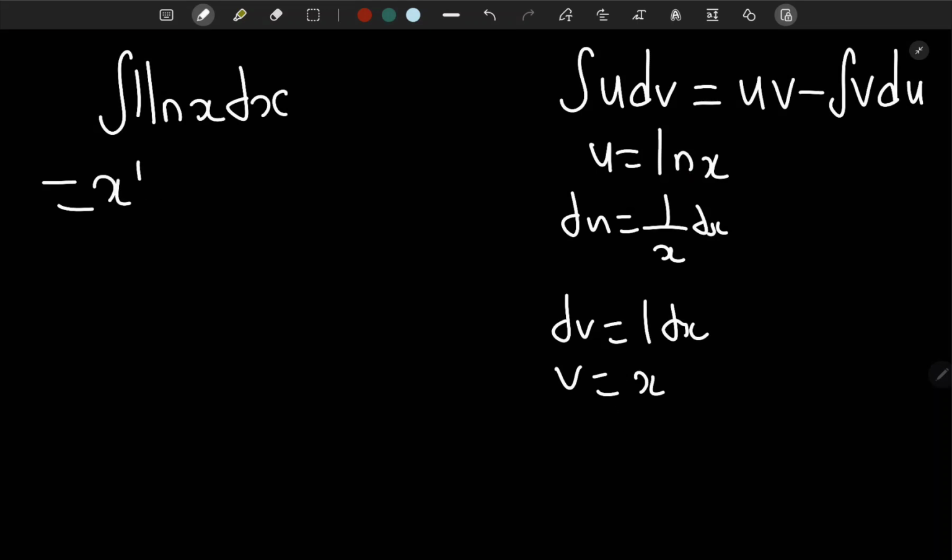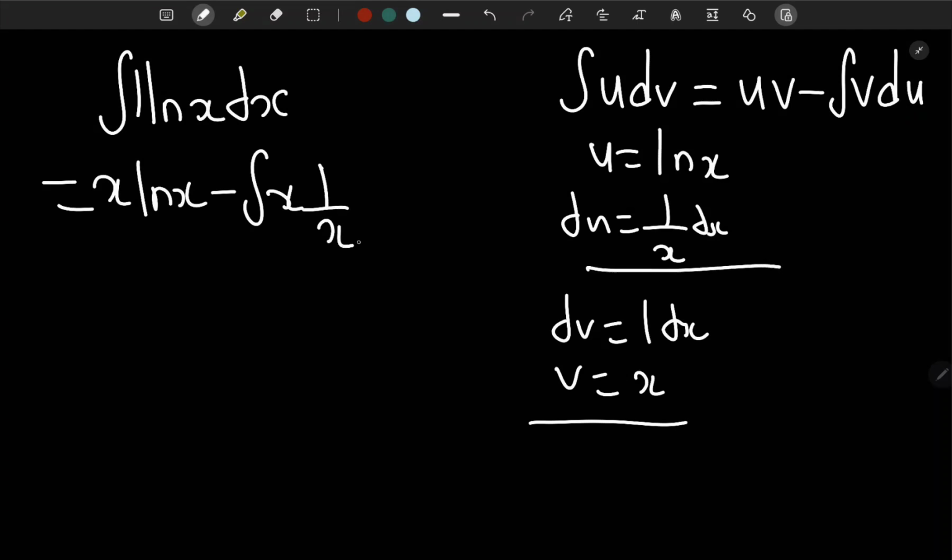So I'm going to write x ln x minus the integration of v, which is x here, du, which is 1 over x dx. So the x's can cancel out, so all we are left with is the integration of 1 dx here. The integration of 1 is just x, and that's it. So this is the answer.